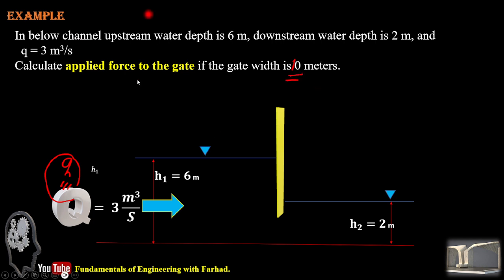In the upstream depth we have 6 meters, downstream 2 meters, incoming unit discharge of 3 meter cube per second per meter, and we want to calculate the applied force to the gate. So that's R, but for 10 meters, this is 10 meters of the gate.